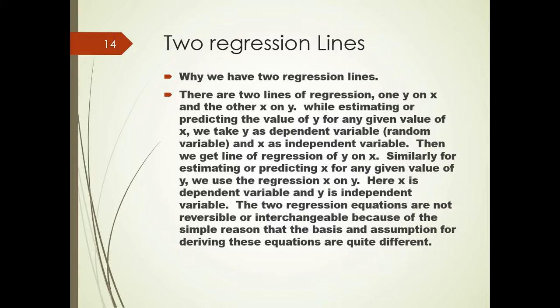Similarly, when we revise the equation with x as the dependent variable and y as the independent variable, we assume x as a random variable and y as a non-random variable. Because of the difference in this basic assumption that we made earlier, we cannot invert one equation to the other, or the two regression equations are quite different.